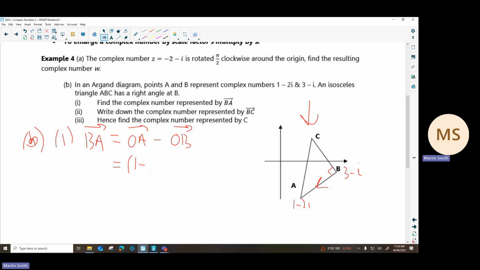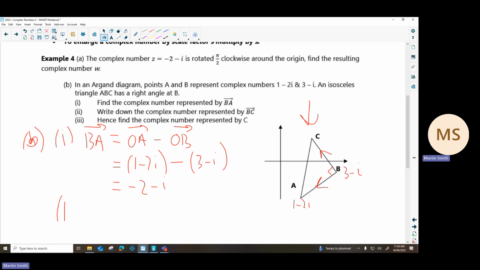So that's 1 minus 2i, take away 3 minus i. 1 take away 3 is minus 2, minus 2i plus i is minus i.